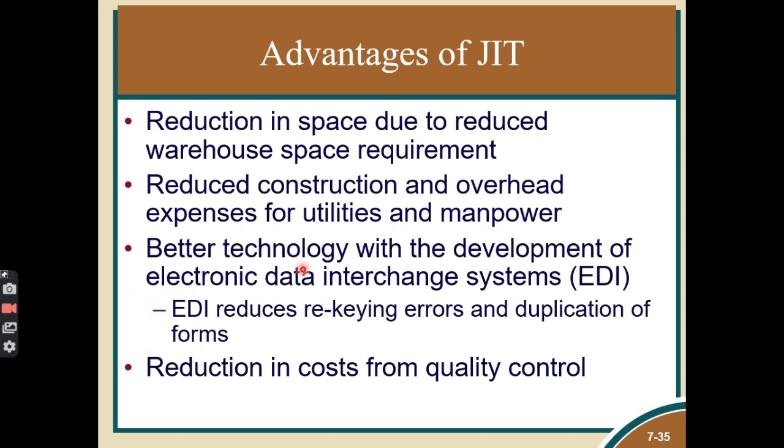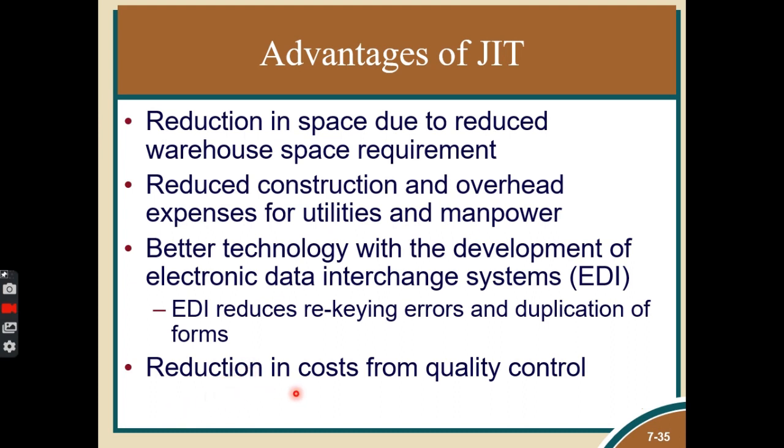Better technology with the development of electronic data interchange systems. Basically, you are going to rely on the system that will feed your operations with the necessary information regarding your production, based on the sales demanded by the customer.